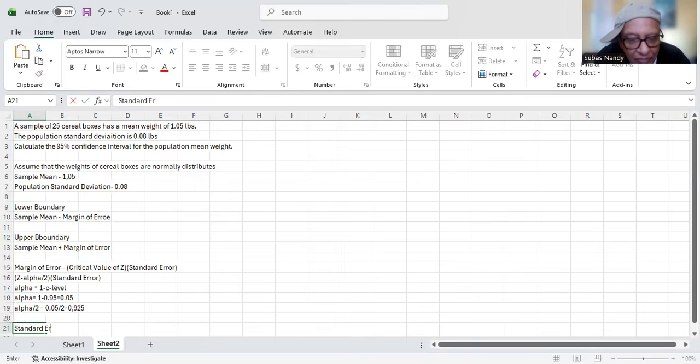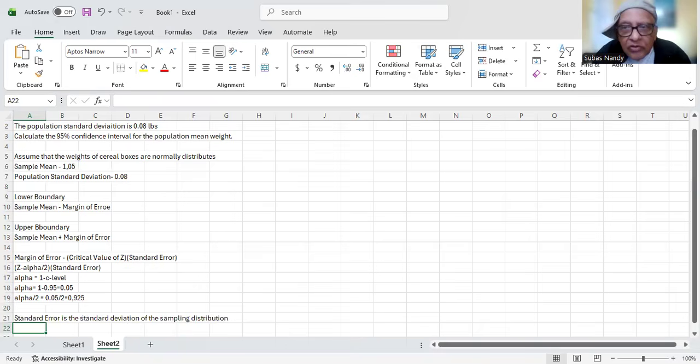Standard error is the standard deviation of the sampling distribution. So what is the sampling distribution? It is the probability distribution of the sample means. And what is standard error? It is the standard deviation, or average variation from the mean, in the sampling distribution.